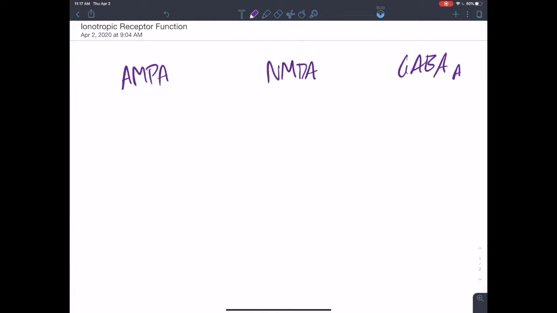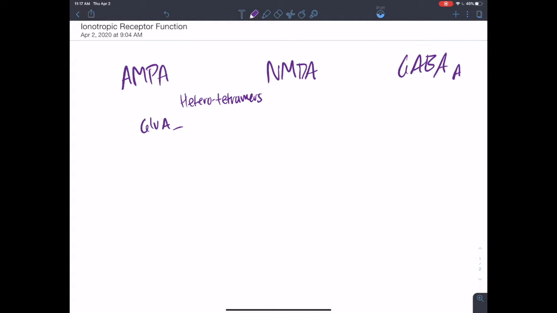And we're going to compare AMPA and NMDA a lot more later on, but just overall, one of the similarities between these is that they're both heterotetramers. What this means is that they're both composed of 4 different subunits. The subunits within an AMPA receptor are often called GluA whatever number, right?